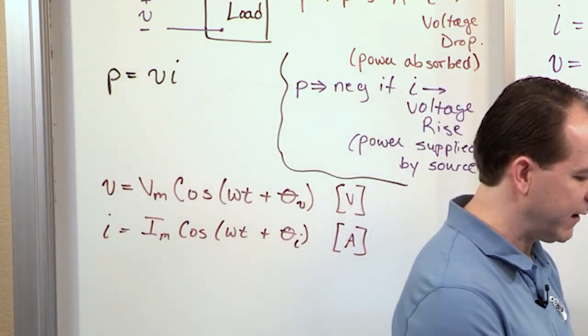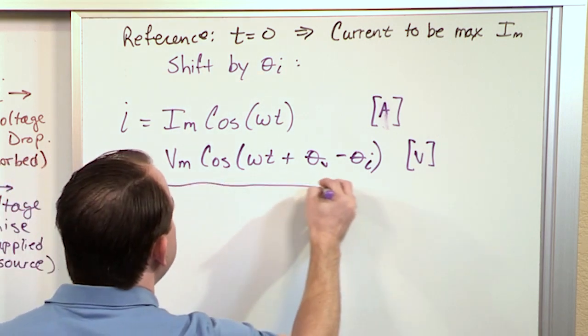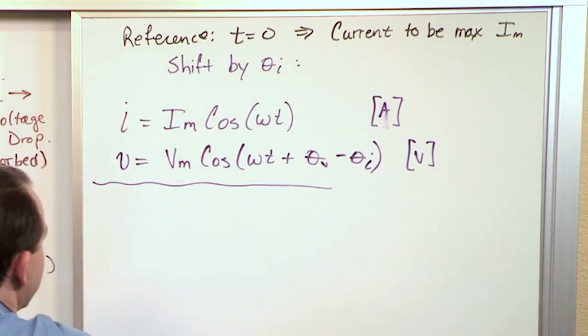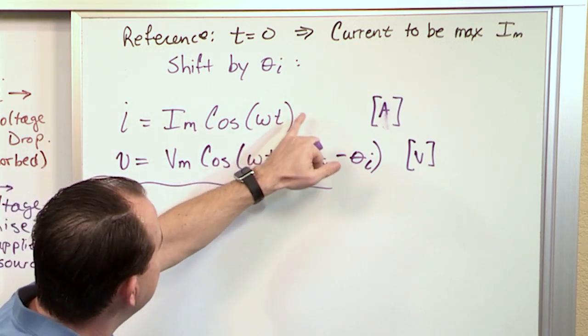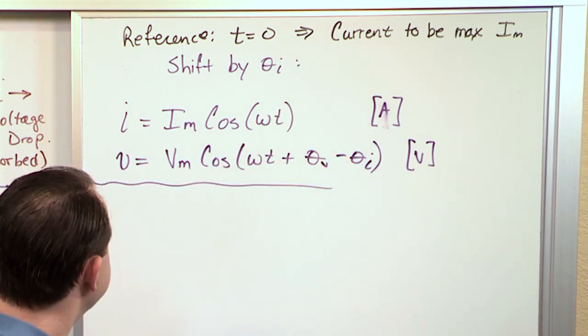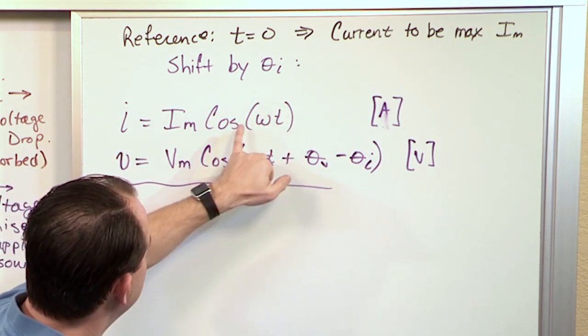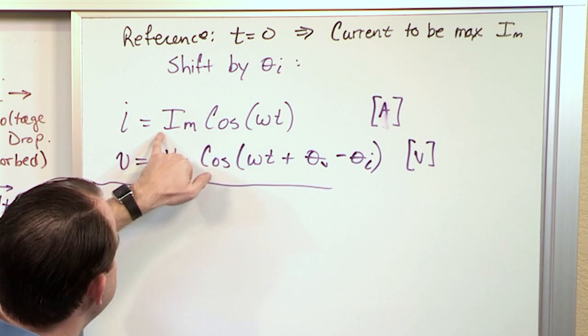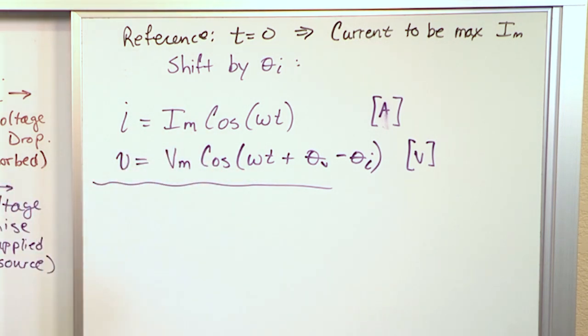So this maintains the same relationship. These equations right here are exactly equivalent to these other ones. It's just a different way of writing it. We subtract the phase angle from both of them. Now when t is equal to 0, we have cosine of 0, which is 1, which gives us I maximum. So at t equals 0, the current is a maximum, which is what we want our convention to be.